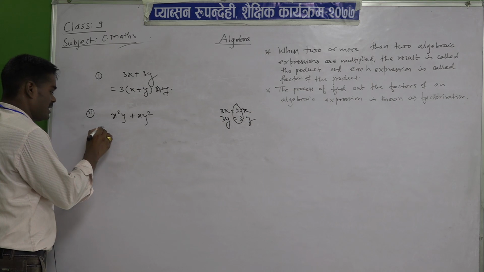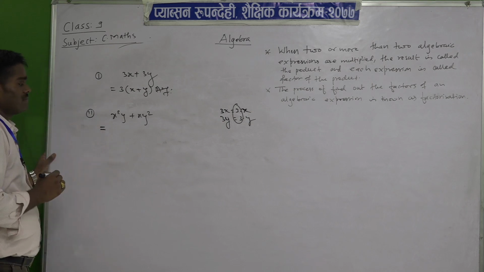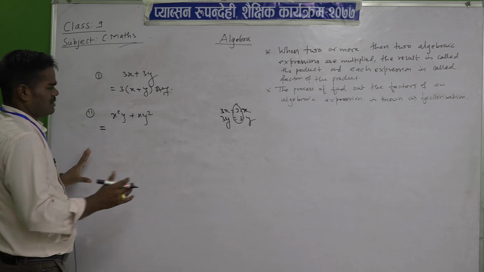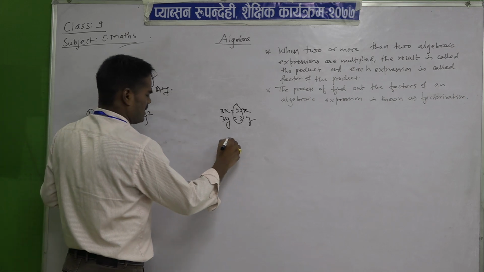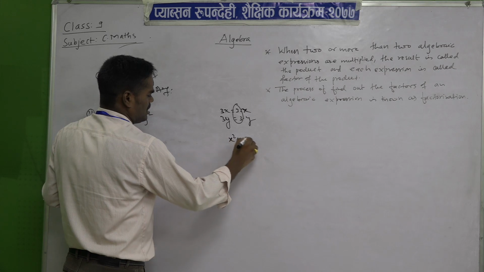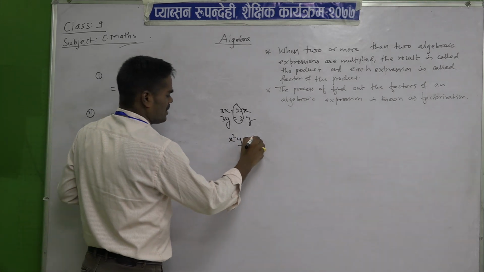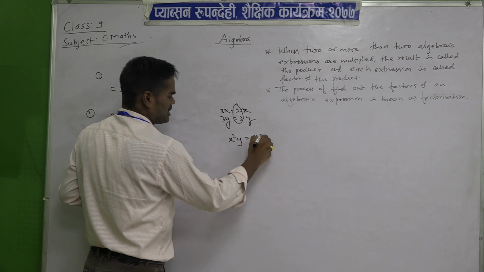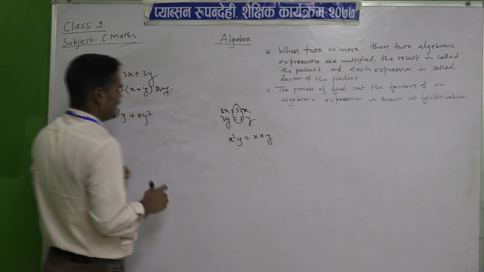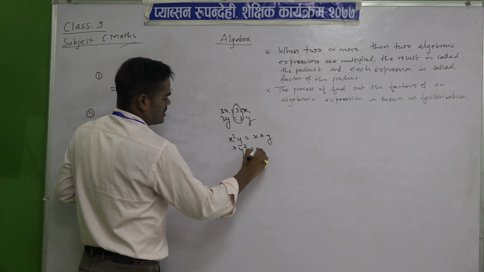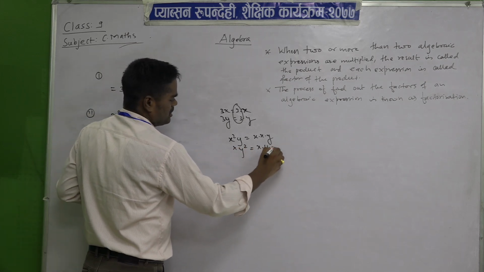If there is a problem in taking common, it is very simple, just write it in rough and find the factors. Here the first term is x square y. So x square y means x into x into y, and the second term is x y square, which means x into y into y.